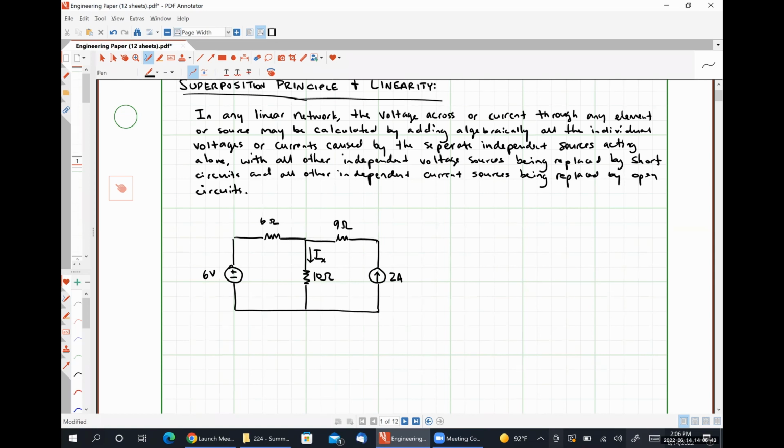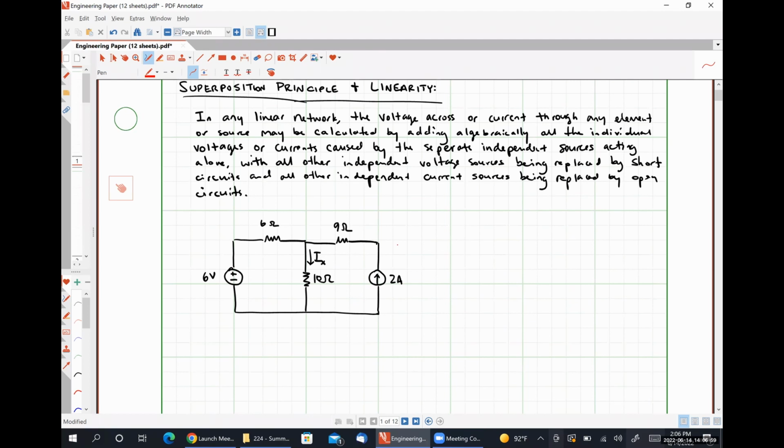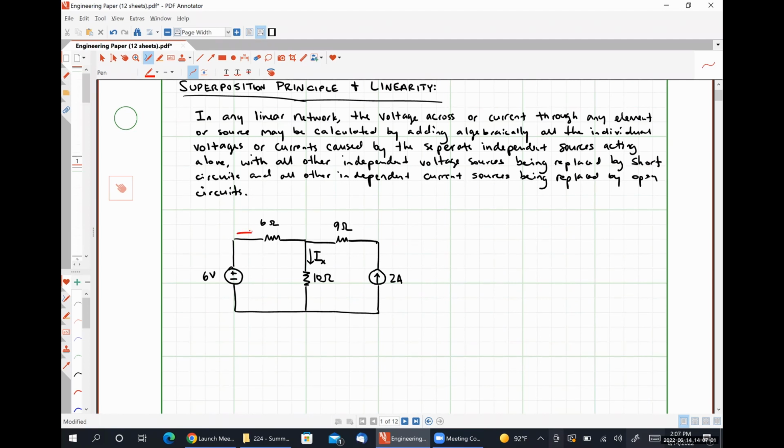So in order for us to determine the value of this current IX, I'm going to label some other quantities that may be of use to us. For instance, I'm going to call this current flowing through the 6 ohm resistor in this particular direction I6.